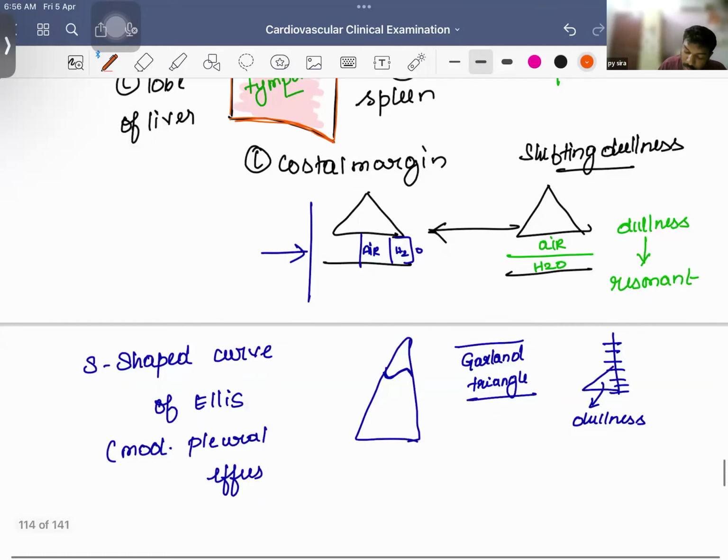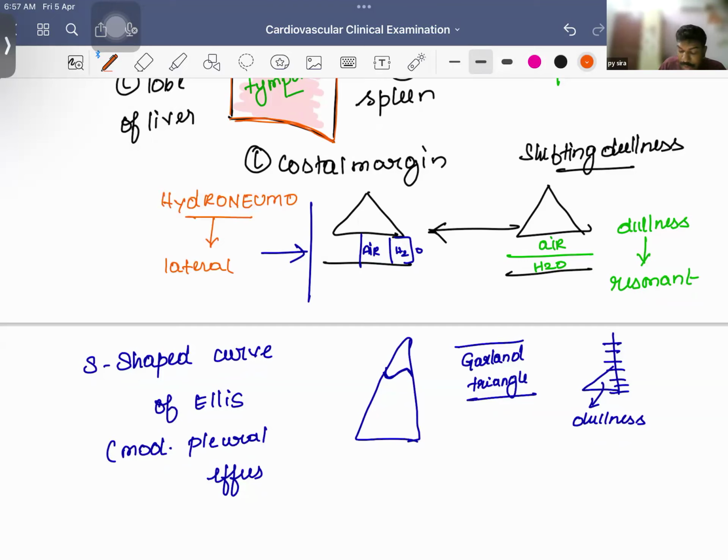There is going to be air and water, which is seen in hydropneumothorax. Here the patient is in lateral posture. Whenever you percuss, water goes down and air floats up. So you are going to get areas of hyperresonance and dullness.